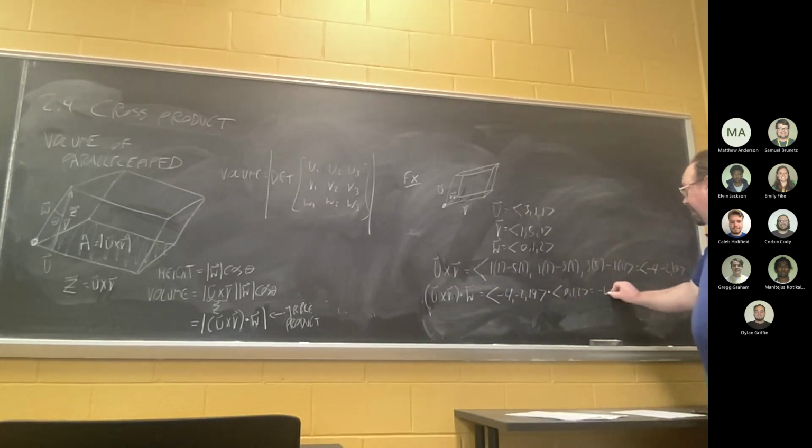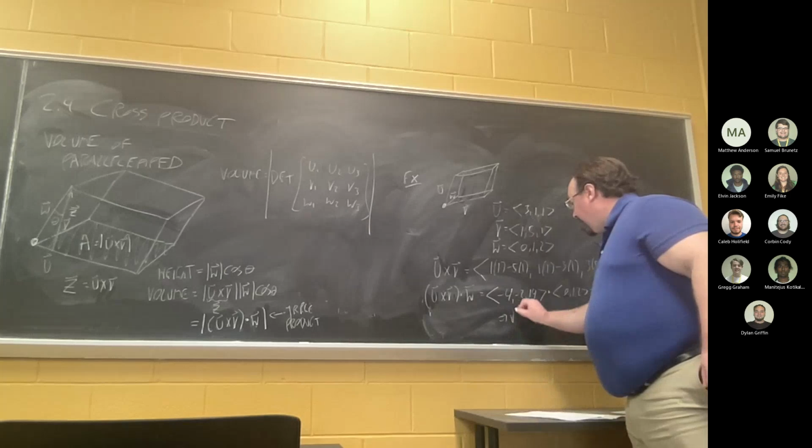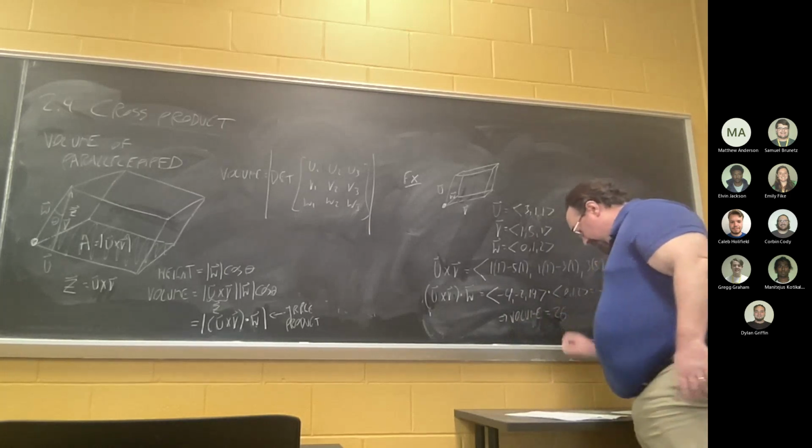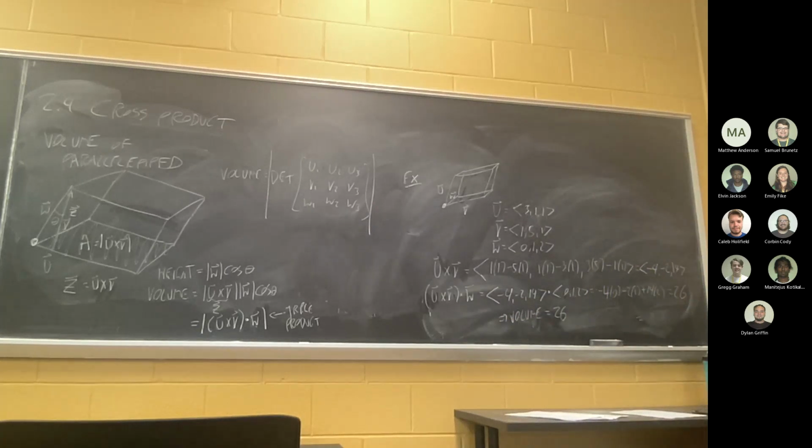So we get -4 times 0, -2 times 1, plus 14 times 2. Turns out to be 26. And you take the absolute value of that, but that's still 26. So we conclude that the volume is 26, whatever units you like.